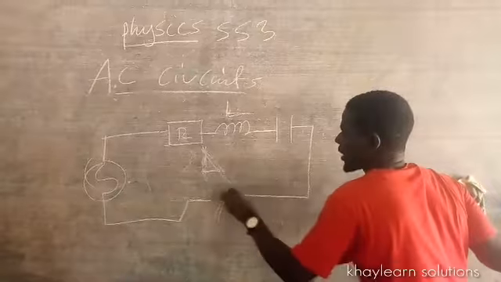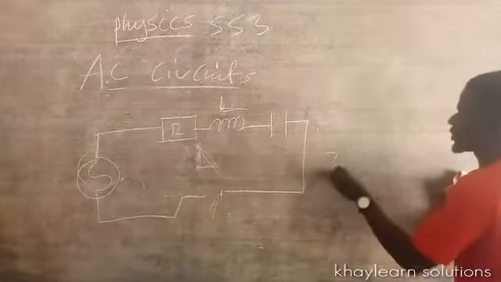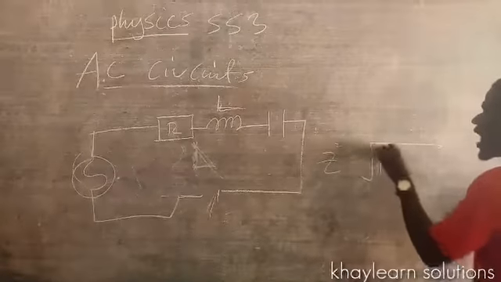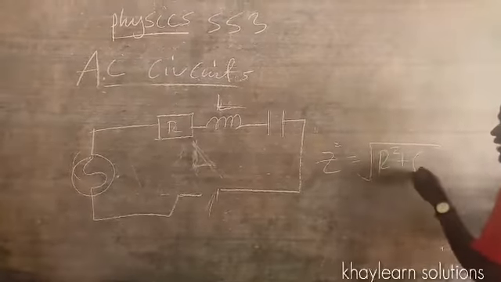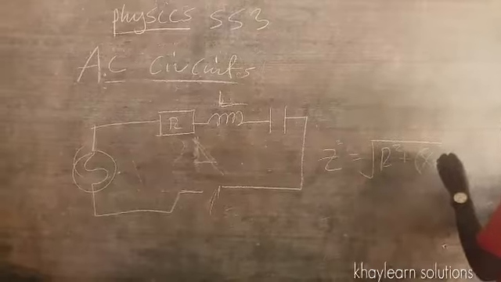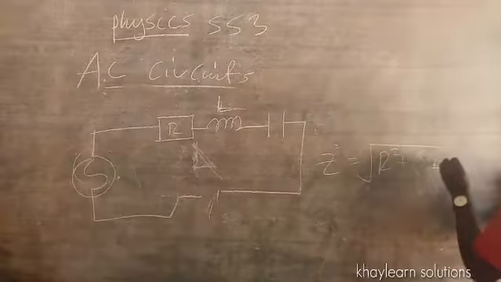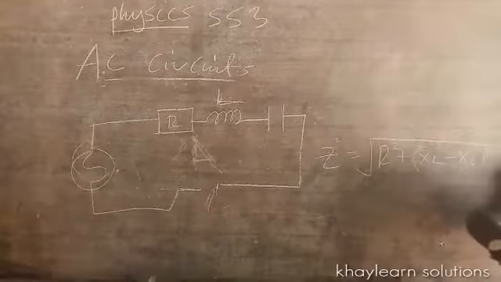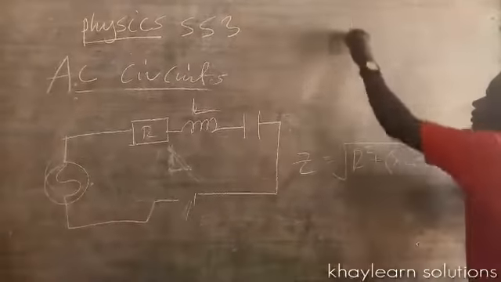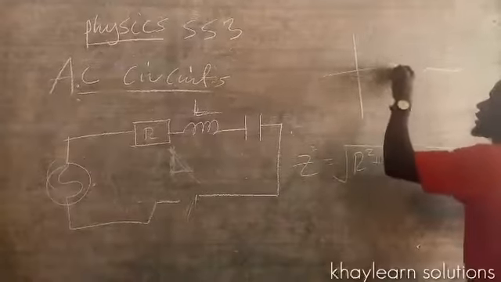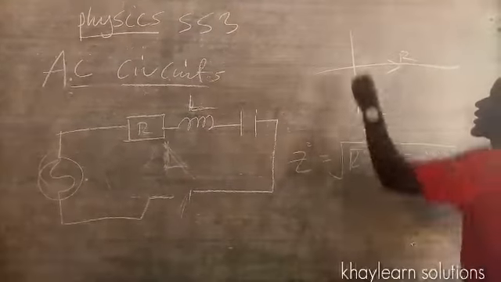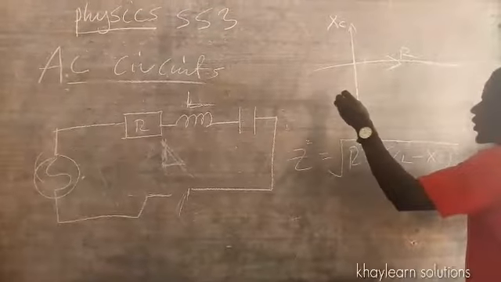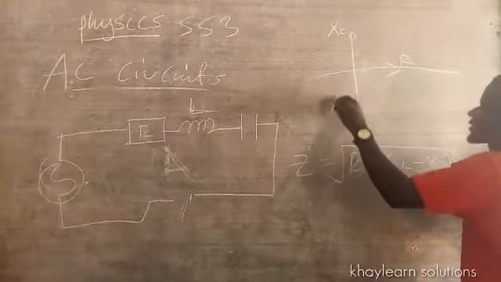So the total impedance is Z squared equals R squared plus the bracket XL minus XC. Somebody will ask why XL minus XC. In the vector representation, this is for the resistor, this is for capacitive reactance, and this is for inductive reactance.